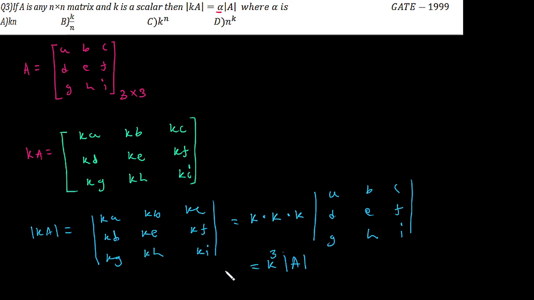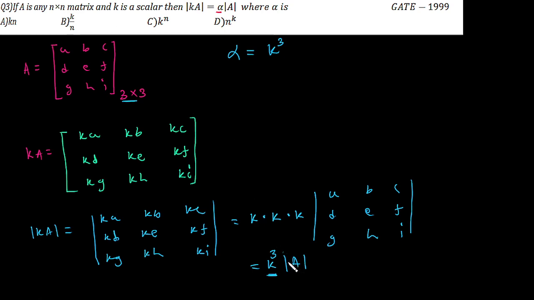Now compare this factor with the alpha given in the question. Alpha is nothing but K to the third power in the case of 3 cross 3, but here they are asking about any matrix of order n cross n.